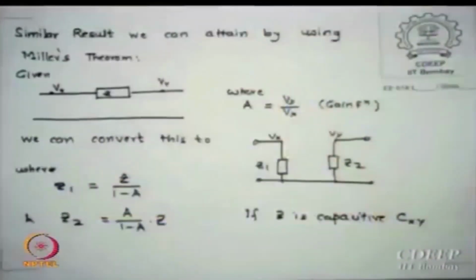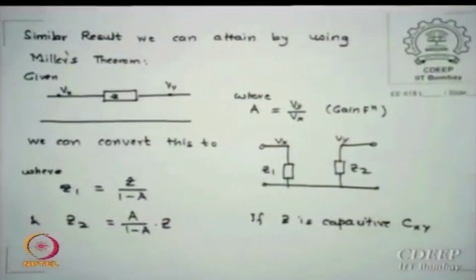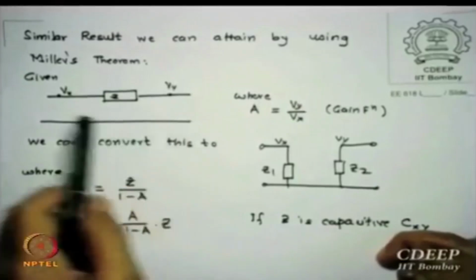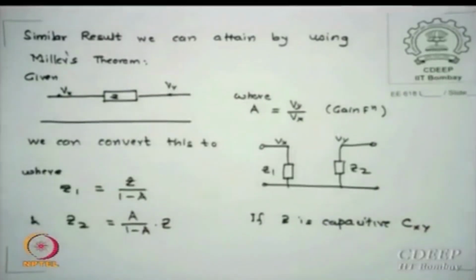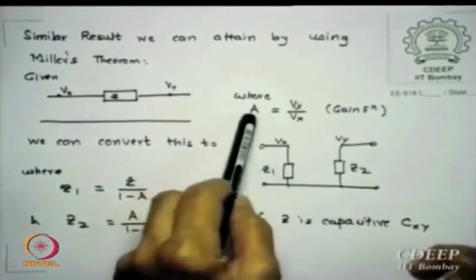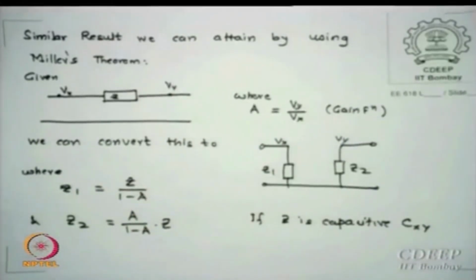Okay, that took care. Now here is the theorem which is very popular, all of us have been using it for ages now. If I have an impedance Z between two nodes, a two port network, where there is a gain function A which is Vy by Vx, this is a very important term.